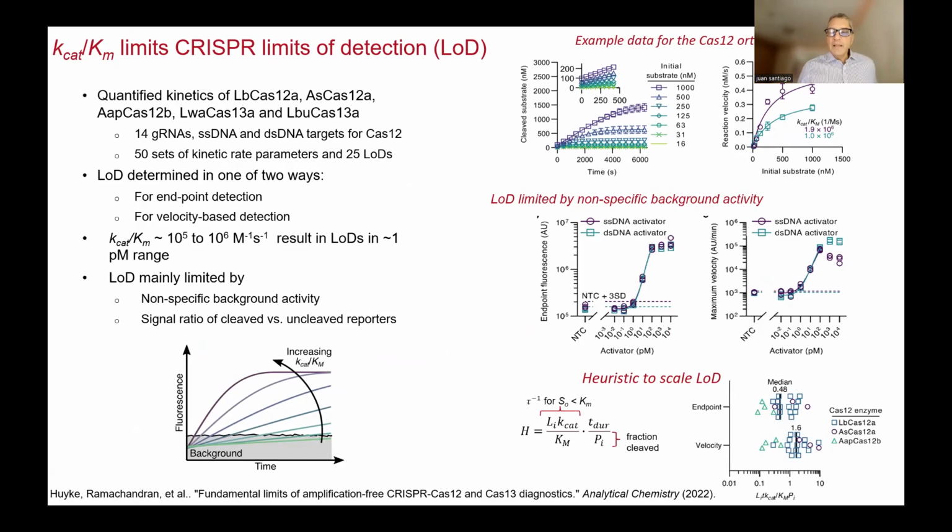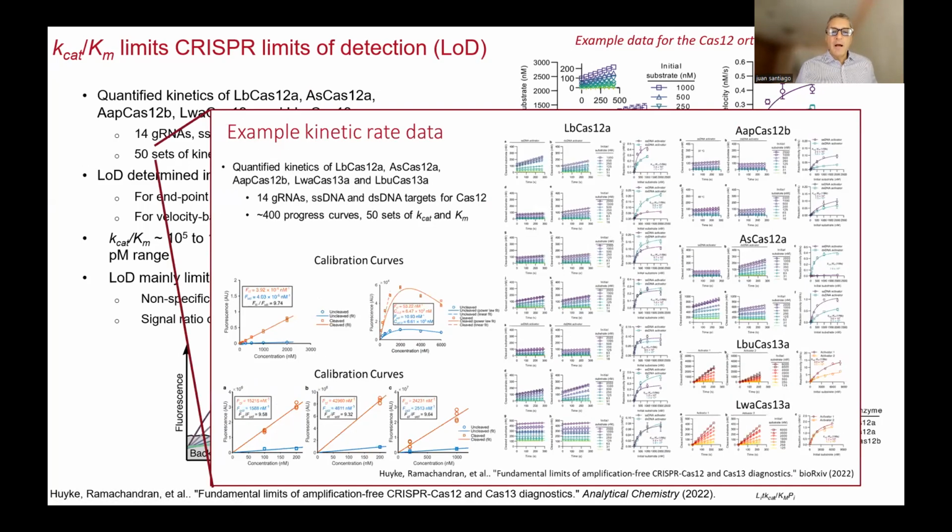And probably the most important background determining the limit of detection is this non-specific activity of the enzyme. And this involves many different reactions. Here we looked at kinetics of the top 5 orthologs used in the entire field, and developed detailed Michaelis-Menten curves for each one. So a lot of work goes behind that.